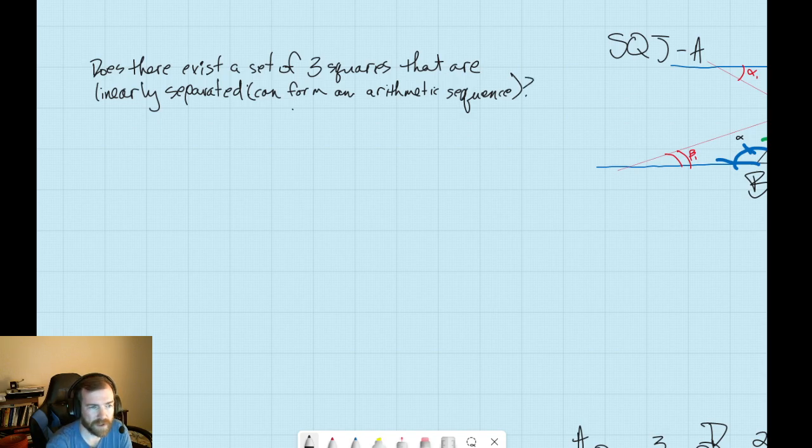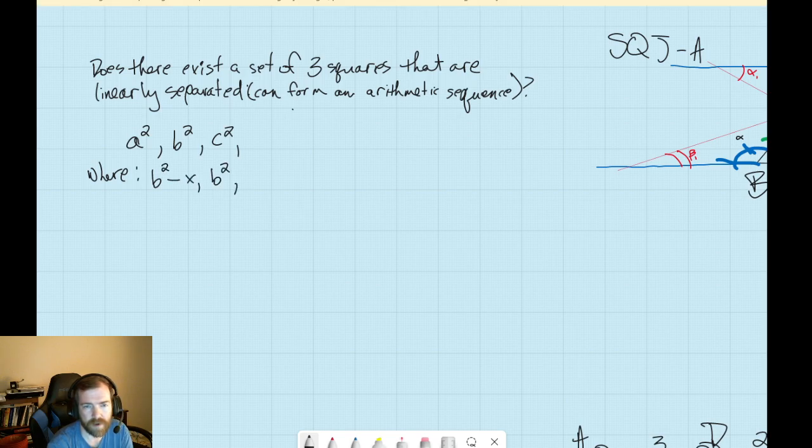So the thing that I'm looking for is a squared, b squared, c squared, where we could rewrite this instead as b squared minus x, b squared, b squared plus x.